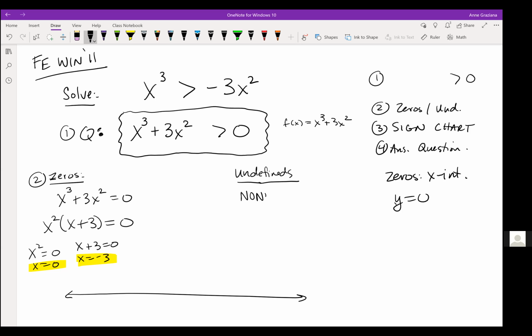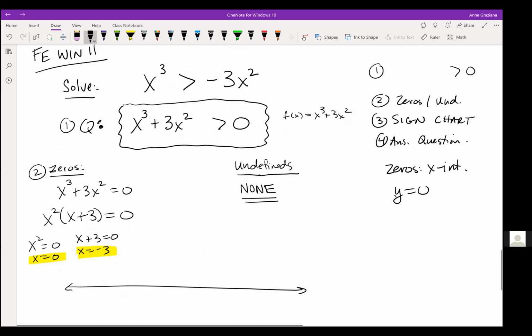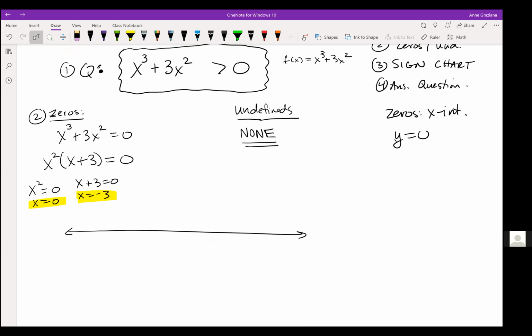Good. You can't get any. They're not there. All right, so that's good. There's nothing that's going to make this undefined. So we only have zeros, it's a polynomial, okay? Polynomials have no undefines. So here we go, -3 and 0. Are they included? These are zeros. I'm going to put z's above them. No. No, very good. So they're not included because there's no equals, right?